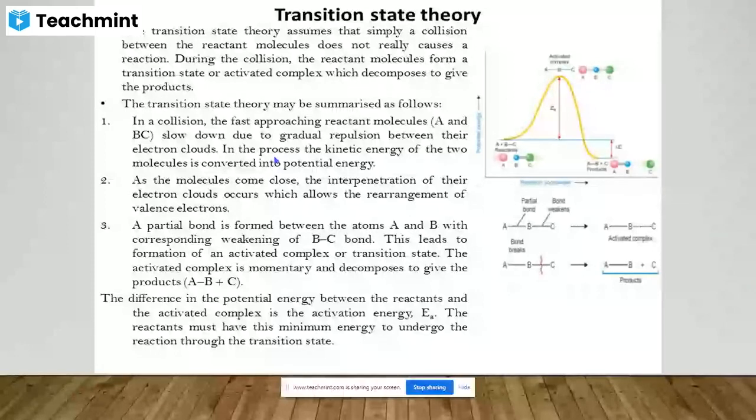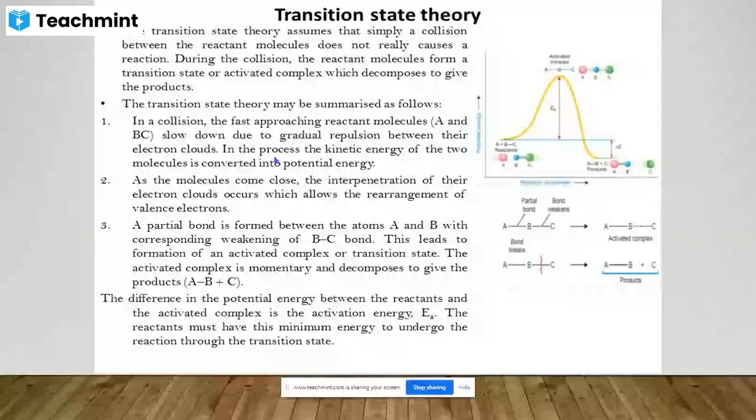The fundamental idea, the main idea of this theory, is that the reactant molecules must first collide with one another and form the activated complex or the transition complex, which then decomposes to form the products.